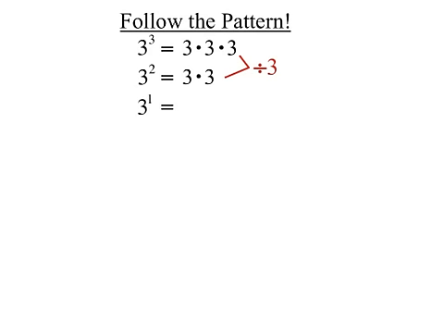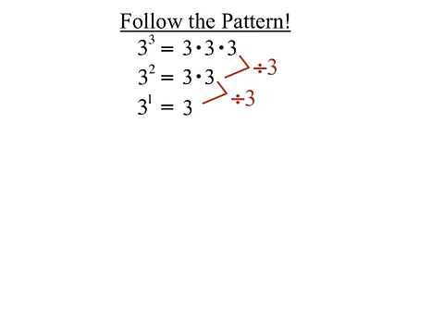All right, let's follow the pattern. When I have 3 to the third, that means 3 times 3 times 3. 3 to the second really means 3 times 3. Every time I'm dividing by 3. If I divide a 3 out, I'm left with 1 less 3, 3 to the first power. So if I have 3 to the first power equals 3, if I divide it by 1 more 3, on the right-hand side, that's going to equal 1.